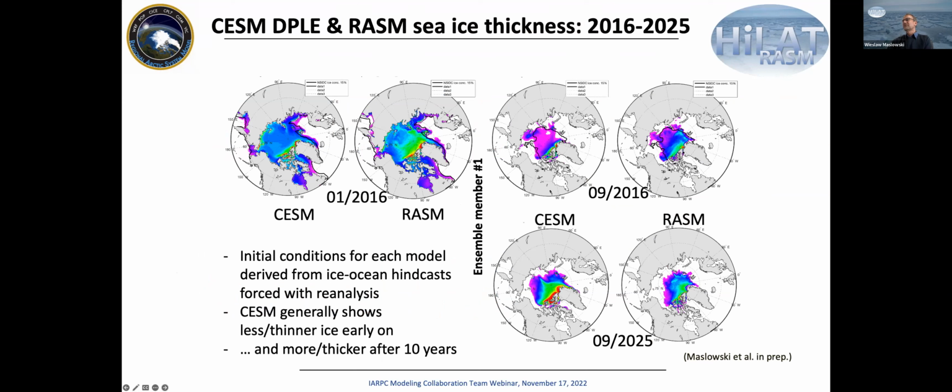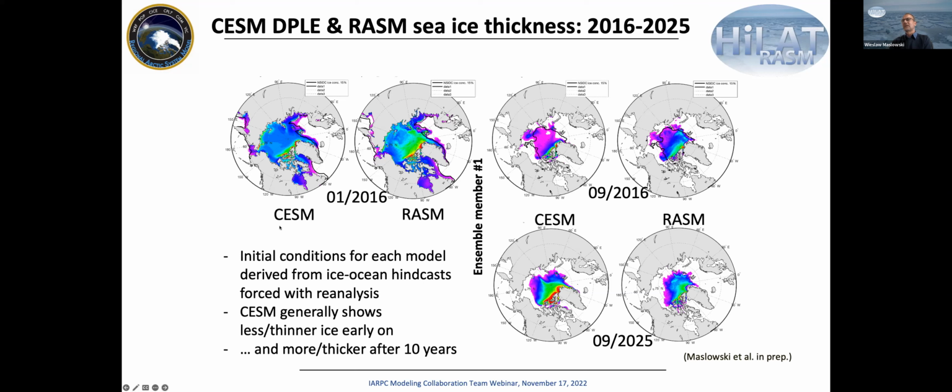But September is actually quite unrealistic. 2016 September has a very thin ice, less than half a meter, first year into the simulation, versus RASM in that year has a quite realistic ice thickness distribution. What's interesting is that 10 years later, September 2025, CSM has increased ice thickness compared to the first summer, versus RASM continued decreasing the ice area and volume after those 10 years in that particular ensemble.